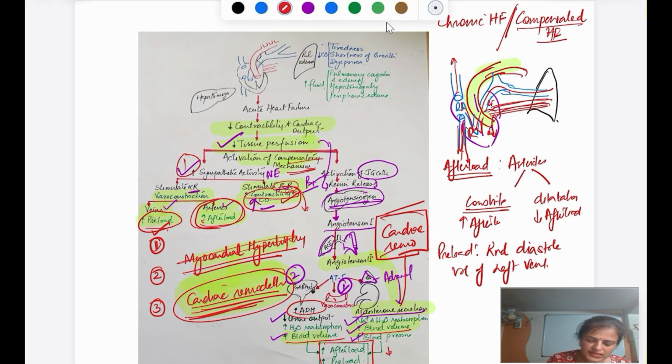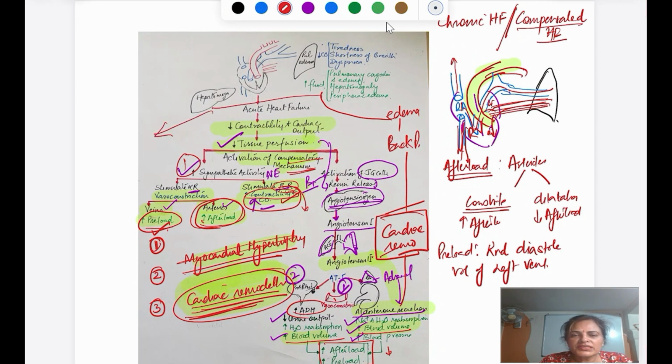Now again heart is not able to pump the blood, so there will be back pressure which leads to edema, and ultimately the signs will be pulmonary congestion, hepatomegaly, and peripheral congestion. So the person will come with peripheral congestion, hepatic congestion and pulmonary congestion along with all these symptoms.